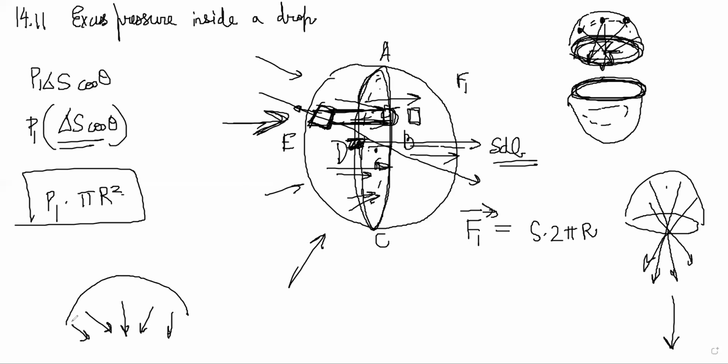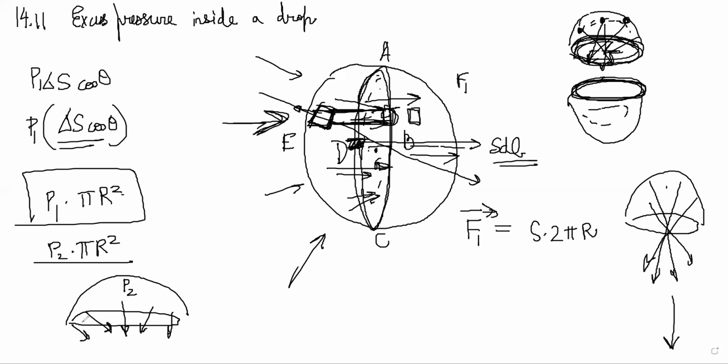Eventually the resultant will again become P2 delta S cos theta, so it will become P2 into pi r square, due to the pressure inside the liquid. Think of this liquid as just another type of air, right? If air was P1 and it came as P1 into pi r square, then this will also come similarly, right?